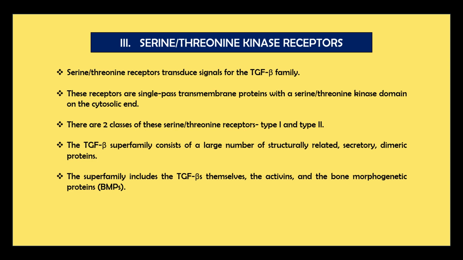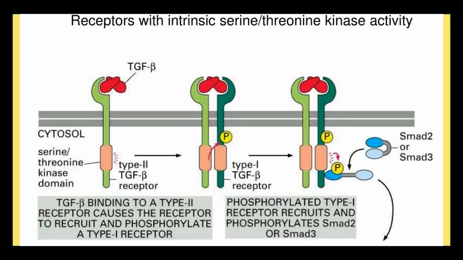And typically, the ligand first binds to and activates a type 2 receptor homodimer, which recruits, phosphorylates and activates the type 1 receptor homodimer, forming an active tetrameric receptor complex.